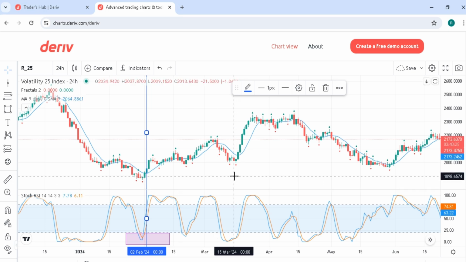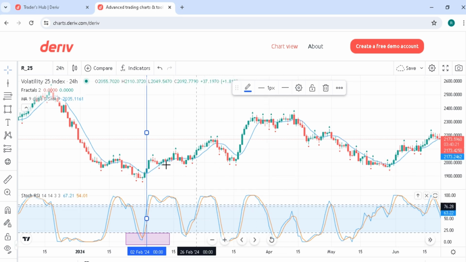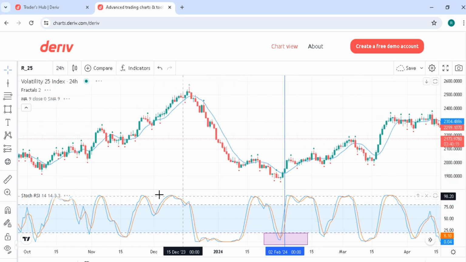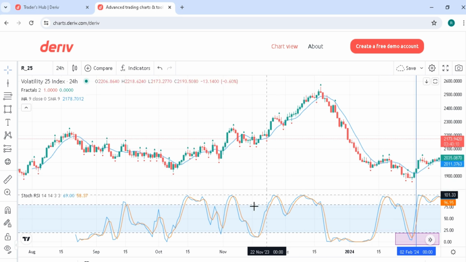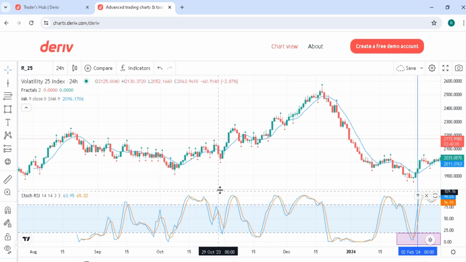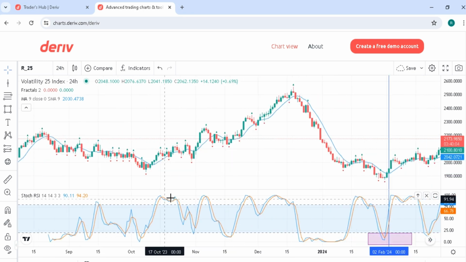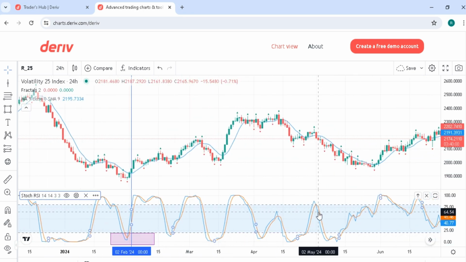We also said that if you want to place a fall, you look at those regions where the stochastic RSI have crossed, moving downwards. So a good example would be a region like this.